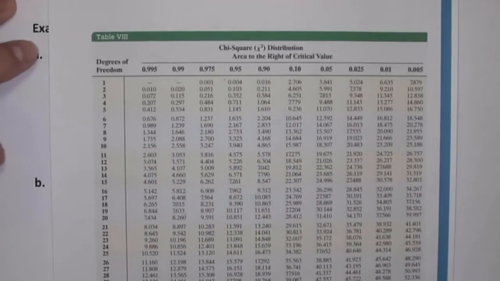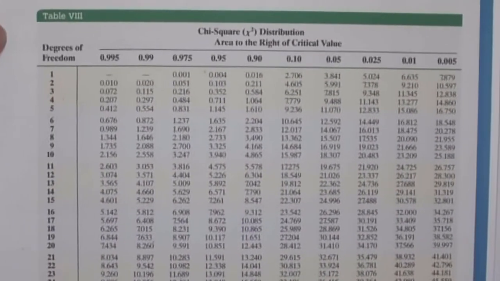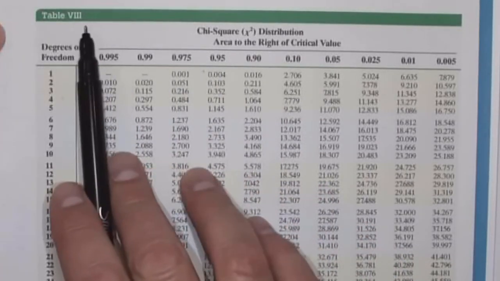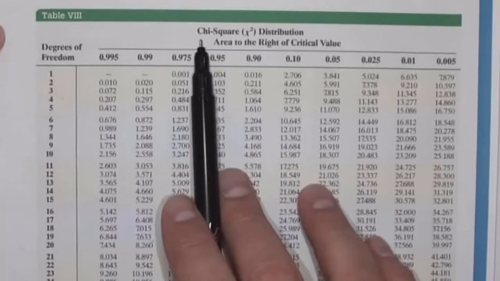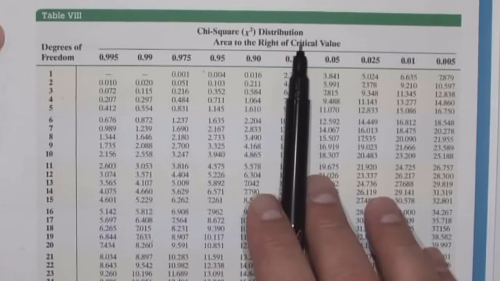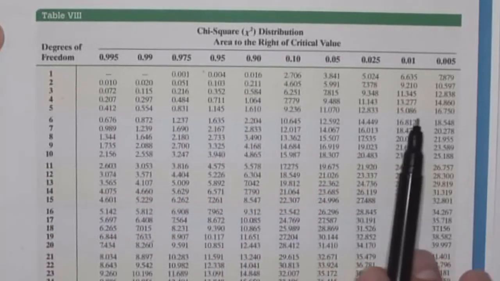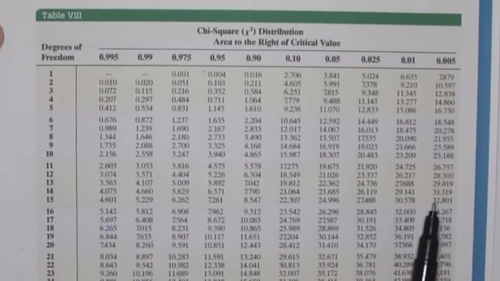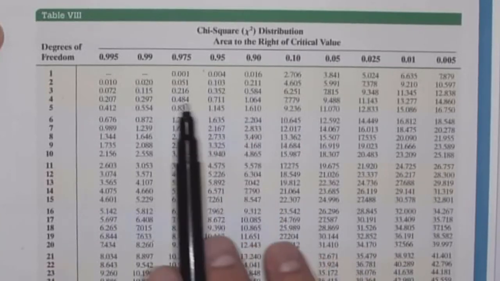So if I bring in the chi-square distribution table from the back of the book, this is table 8 from the appendix of our textbook. This chi-square distribution table works a lot like the t-distribution table that we've used previously.